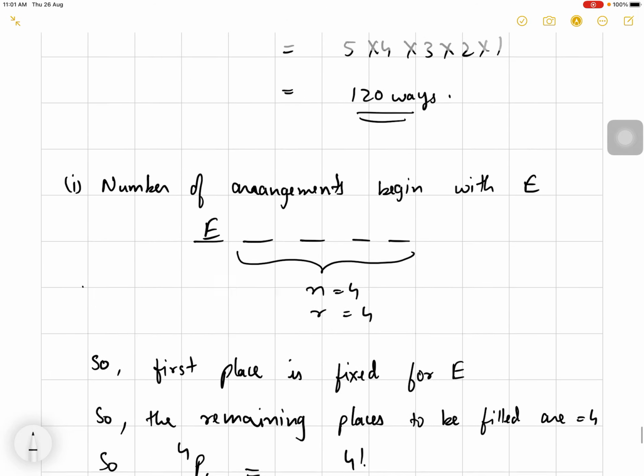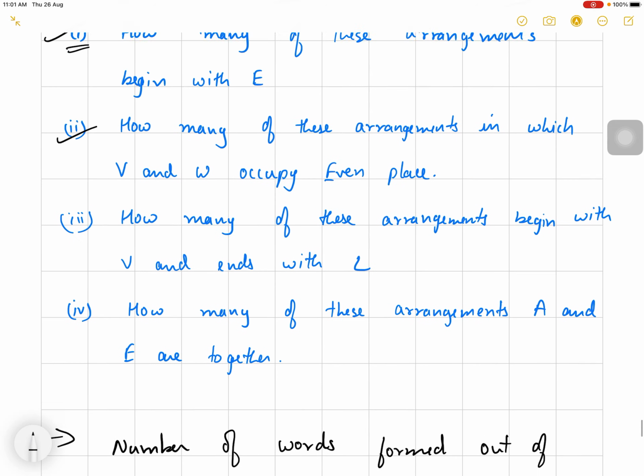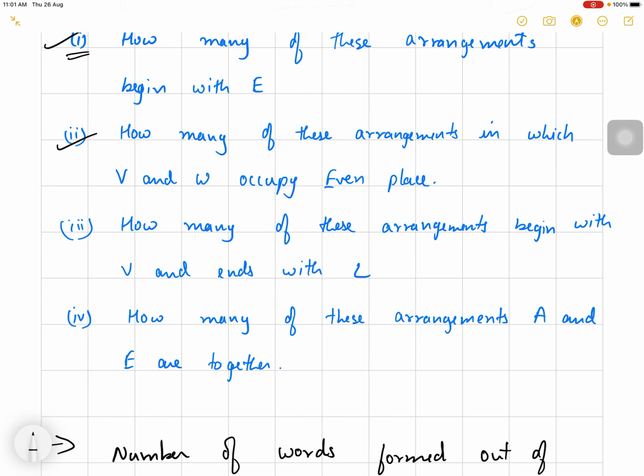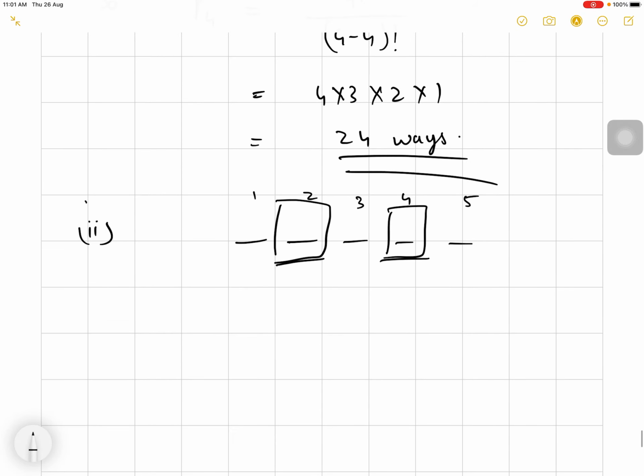And which are the 2 letters? Wait. Sorry. How many of these arrangements in which V and W occupy even place? Okay. So there are 2 even places and there are 2 letters also. Correct? V and W.